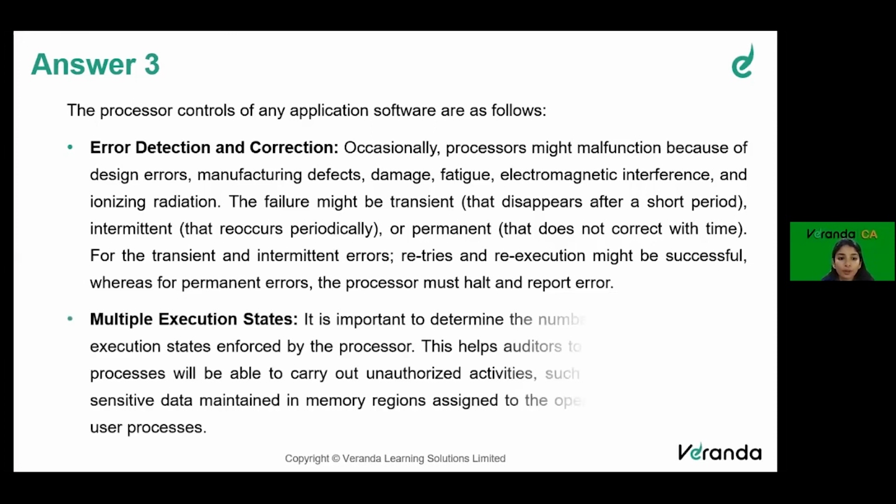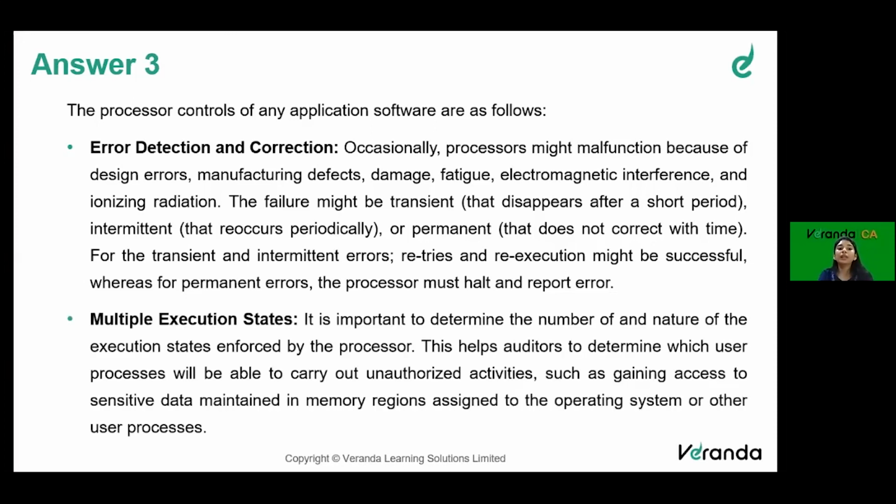Clear? Point number 2 is multiple execution states. It is important to determine the number and nature of the execution states enforced by the processor. This helps the auditors to determine which user processes will be able to carry out unauthorized activities, such as gaining access to sensitive data maintained in memory regions assigned to the operating system or other user processes.